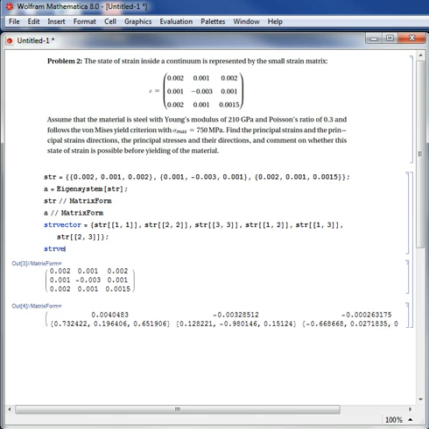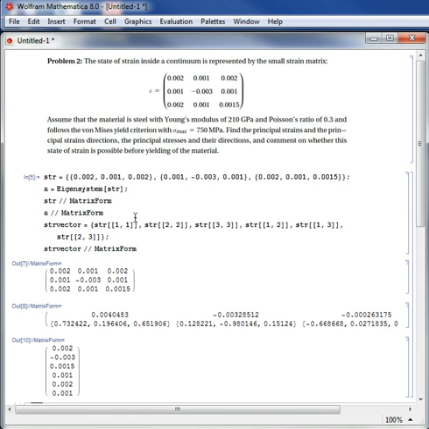You can view the strain vector in matrix form. Shift enter, and here's my strain vector. Now, actually in the strain vector we utilize the engineering shear strain, which is equal to 2 multiplied by the entries in your strain matrix.